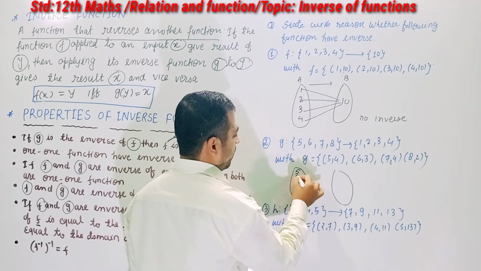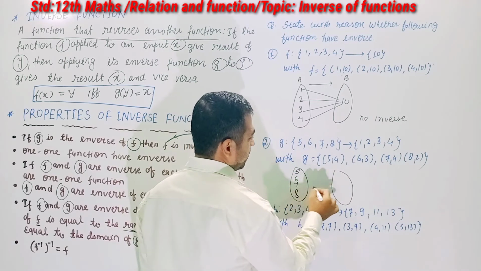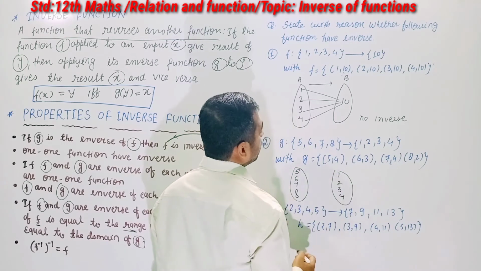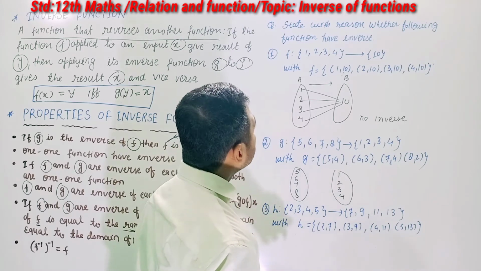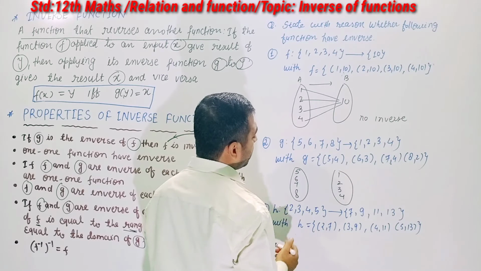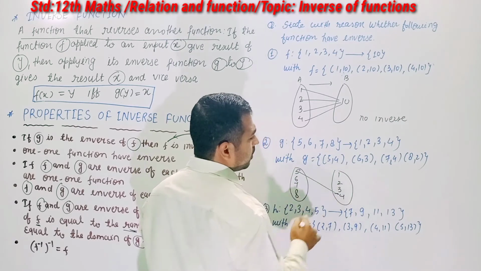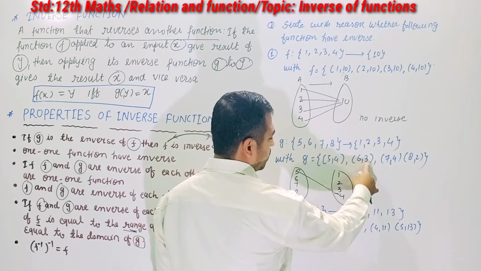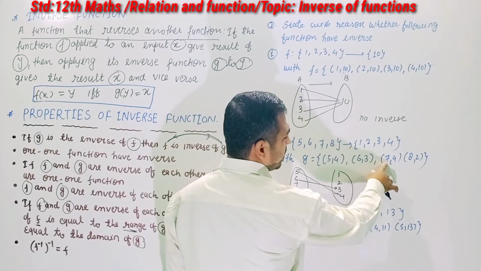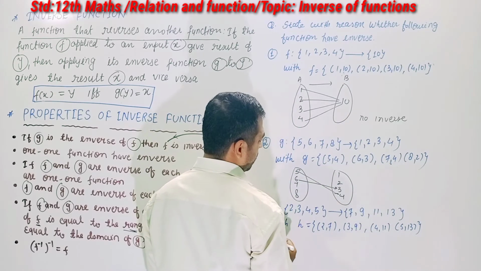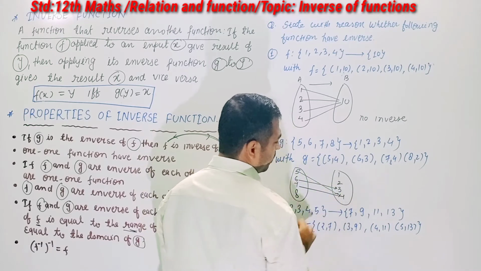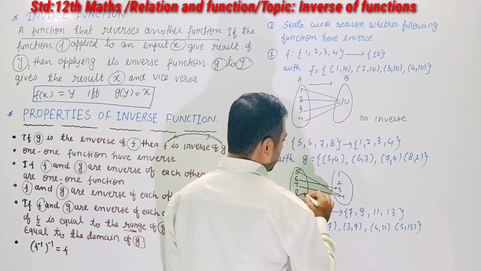Here 5 goes to 4, input 6 gives output 3, input 7 gives output 4, input 7 again gives output 4, input 8 gives output 2.